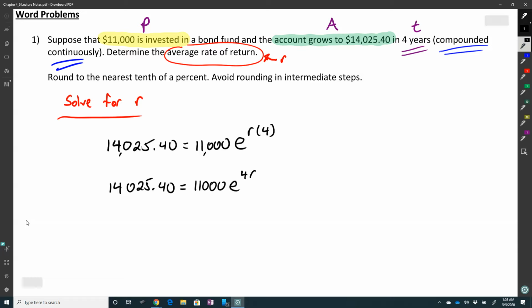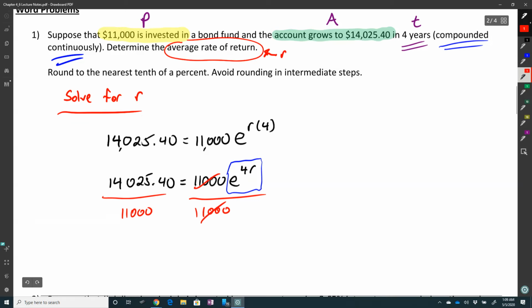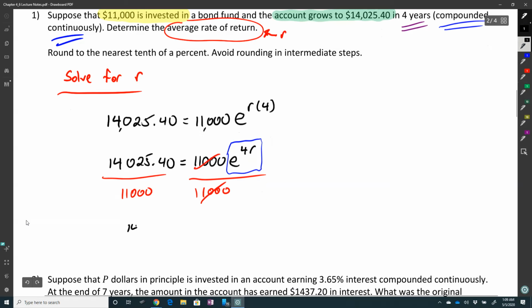So I wrote it as 4r, and we want to get the r by itself. So just like in the previous page, before I can do anything, I got to get this term by itself. So I divide by 11,000. Okay.